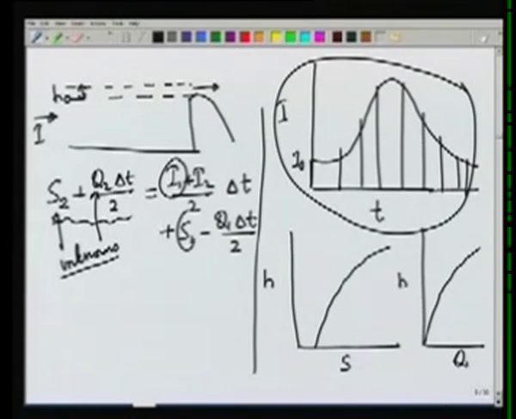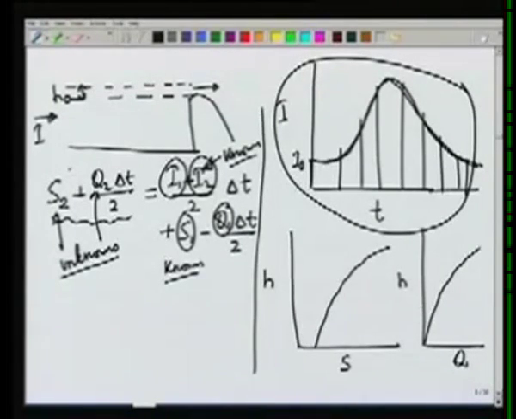I1, S1 and Q1 are at the beginning of the time step, so these are known. And as we said, I2 will be known because this entire curve is given to us. So the inflow hydrograph is completely known, therefore I2 will also be known to us.